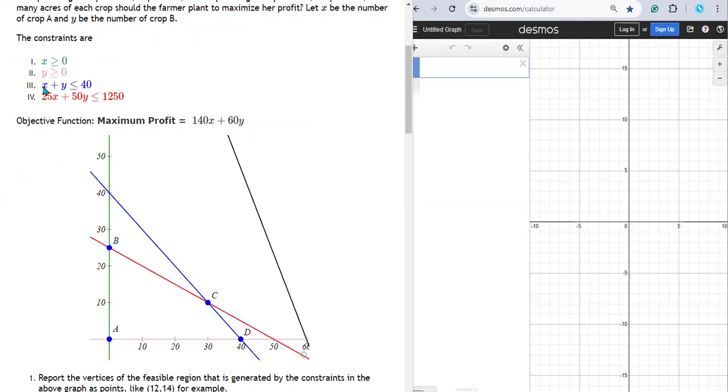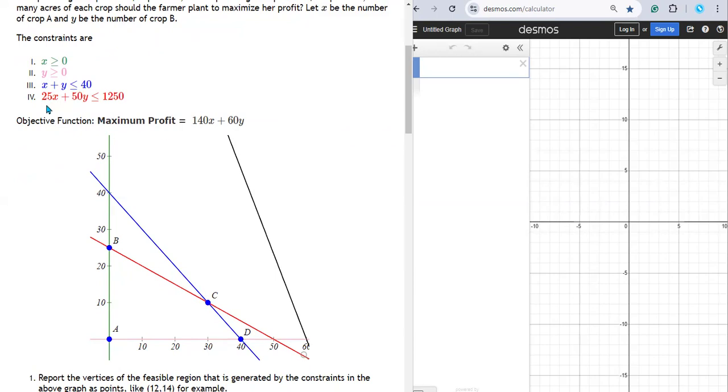The same thing goes for X. If the farmer, for whatever reason, chooses 0 acres of crop B, then the farmer can literally plant 0 to 40 acres of crop A. So the blue constraint passes through that point.